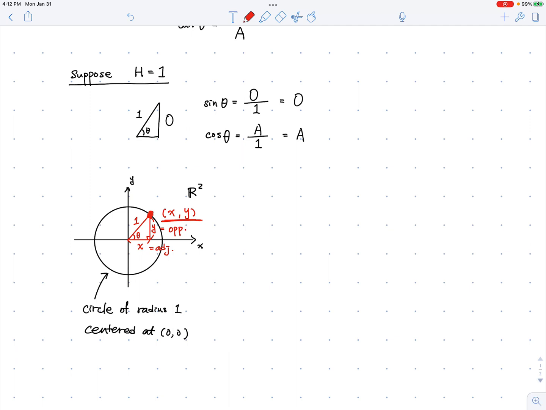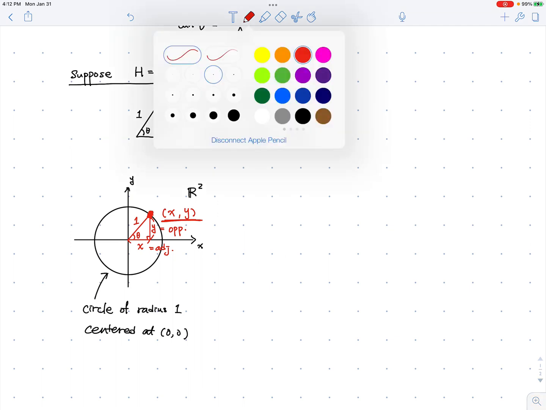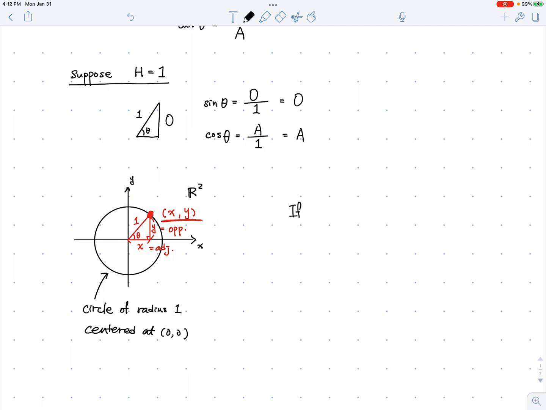Okay, so now if we use this idea together, then we'll know that for this triangle, if we focus on the triangle, we already know the hypotenuse is length 1 because it's from a circle of radius 1.